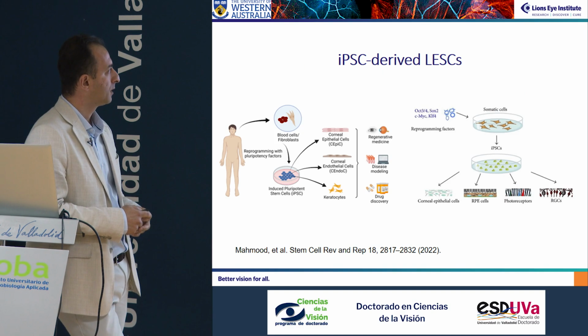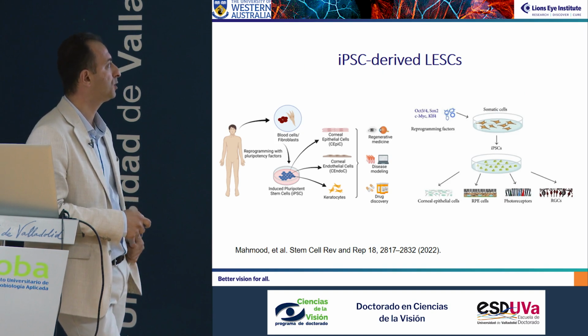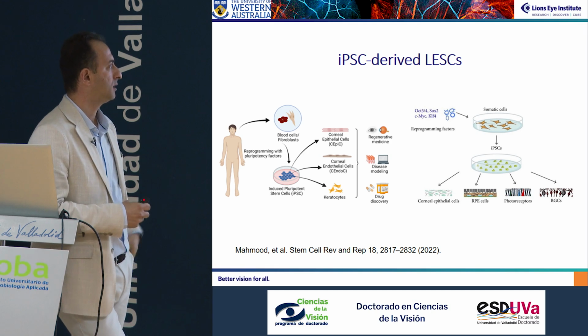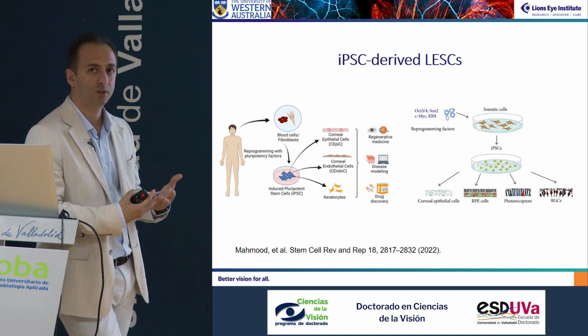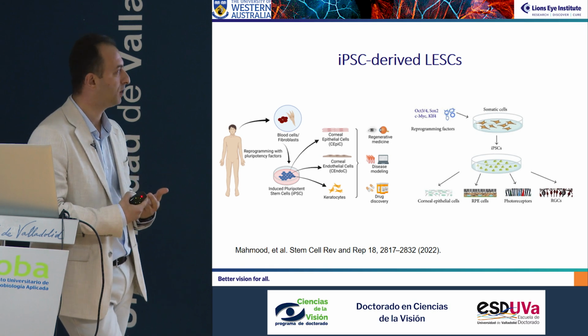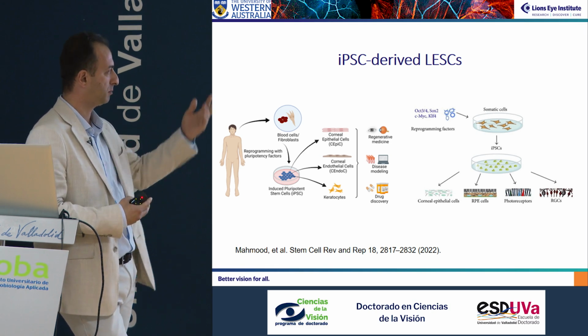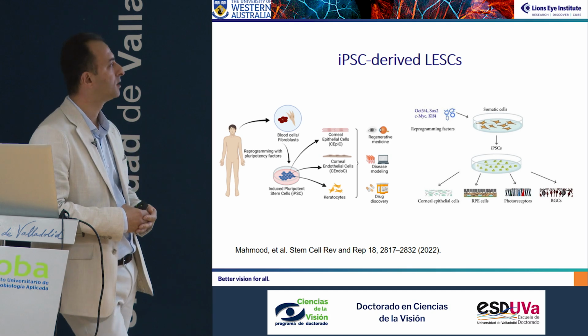As you know, induced pluripotent stem cells, as is obvious from their name, are induced, so they are created by us. They're not stem cells originally. They are blood cells or skin fibroblasts.